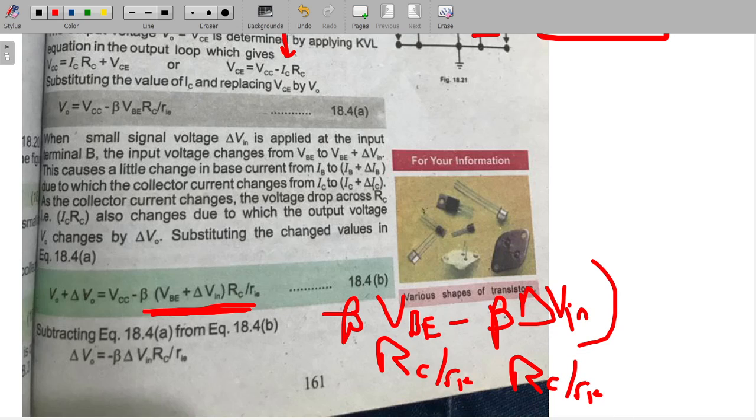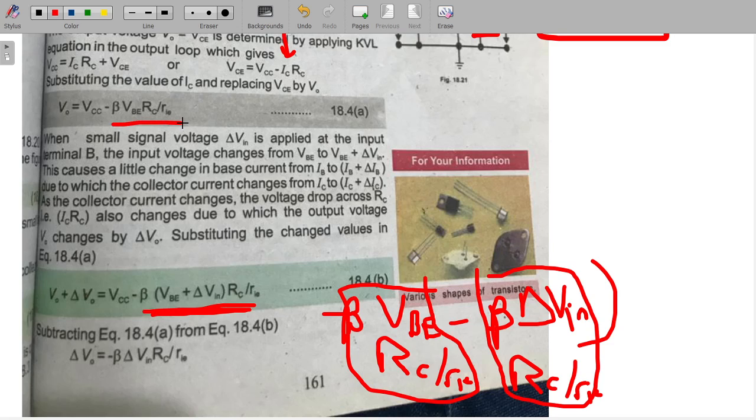Okay, so what do we find here? We have this value, and we have this value, and if you notice, this one is actually the one which was here. So VCC remained the same, and we can subtract all of this, and we are left with this and the new relation, which is this one.